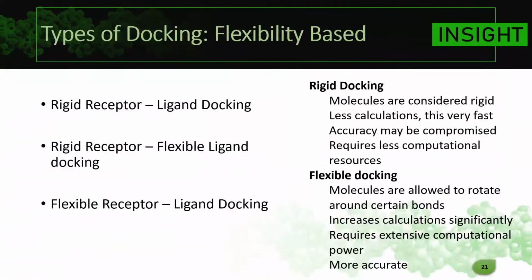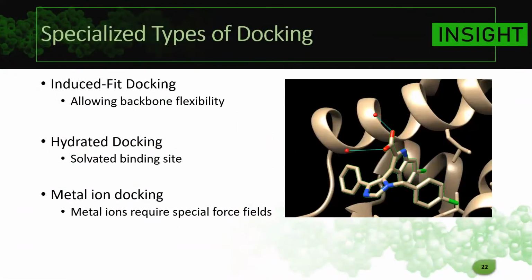There are also some very specialized types of docking that we'll again be discussing. Like for example, you can also do the docking with the water molecules around to understand the role of those in the interaction. You can also do the docking to understand the flexibility of the molecule. You might have heard about the induced fit model of protein enzyme action. If not, we are going to discuss that. What exactly does it mean?